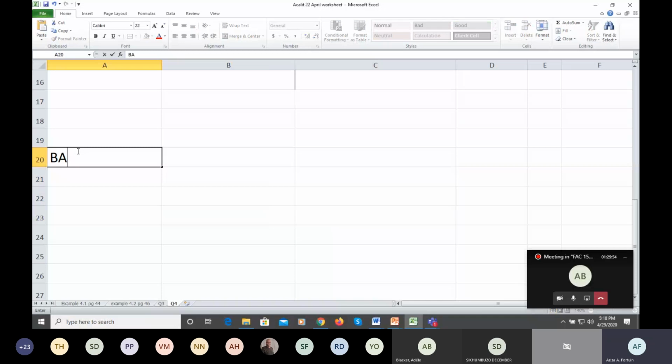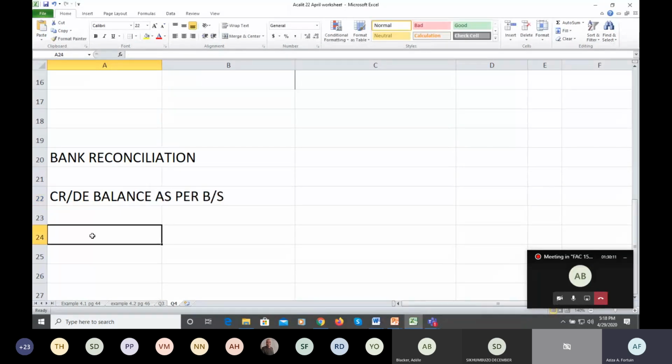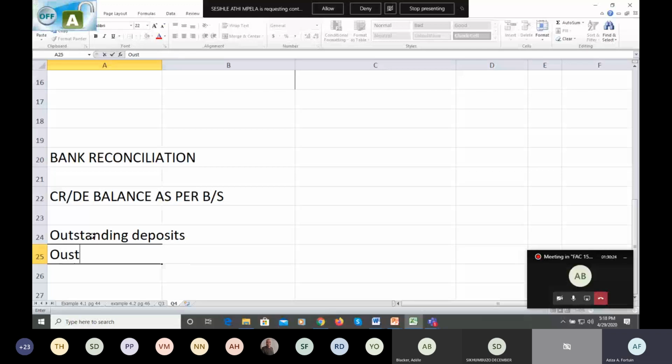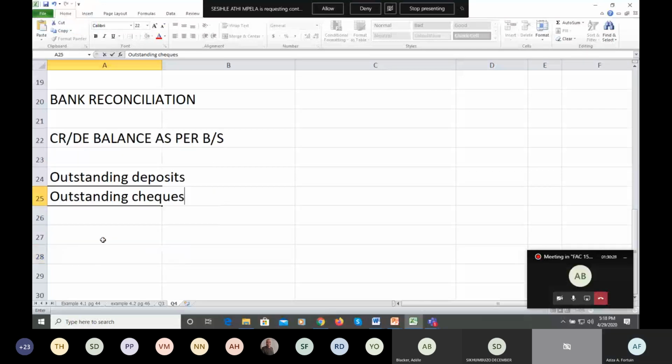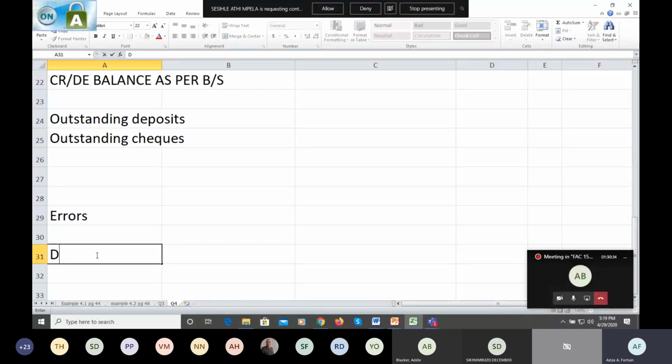So if I were to do my framework for my bank reconciliation, okay, we said either credit or debit balance as per bank statement, and then we said outstanding deposits, and we said outstanding checks, then we said errors, and then we said debit or credit balance as per bank statement.